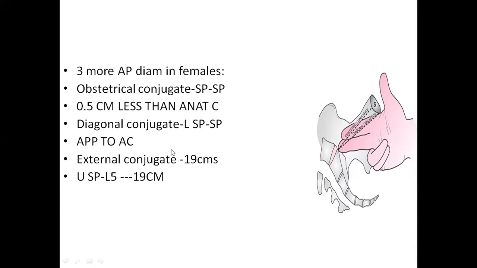Then we have the diagonal conjugate, which in the lesser pelvis runs from the sacral promontory to the symphysis pubis, and is approximately equal to the anatomical conjugate. So we have the external conjugate, which is 19 centimeters, measured from the upper part to L5.